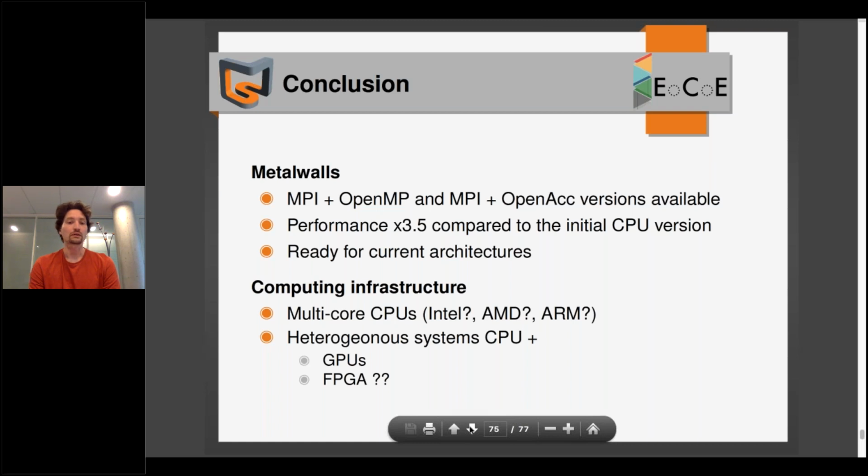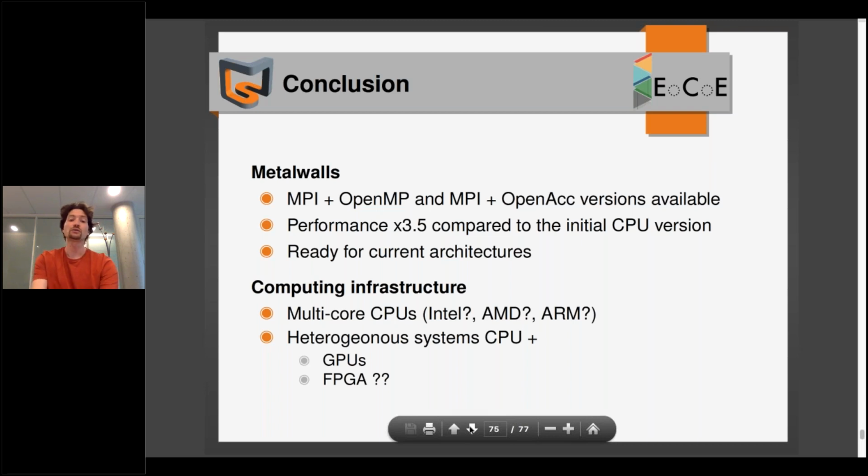And for computing infrastructure, definitely we will still have multi-core CPUs around for a couple of years. That's clear. Which ones is not clear; we will see. Intel, AMD, ARM, we will see what comes out.